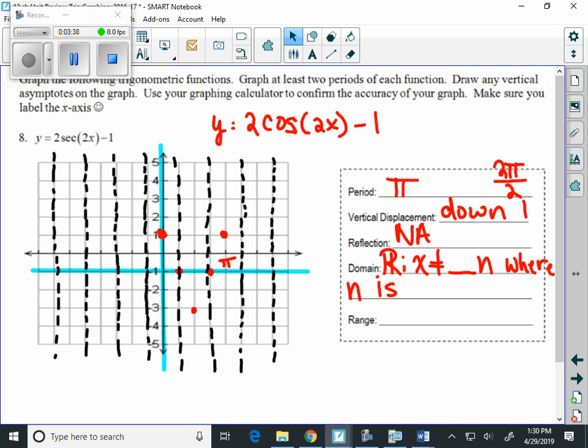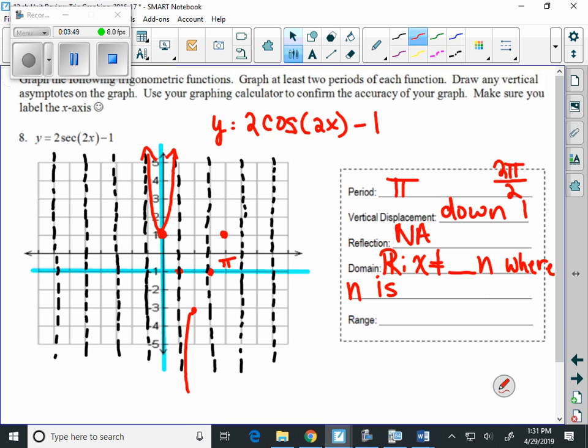So now that we have that, we can put in our values. There's 1 period. Here's the start of another. There's 2.